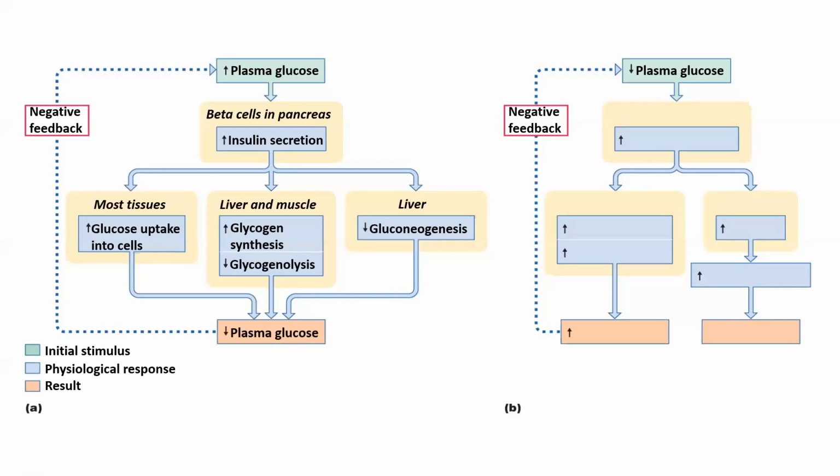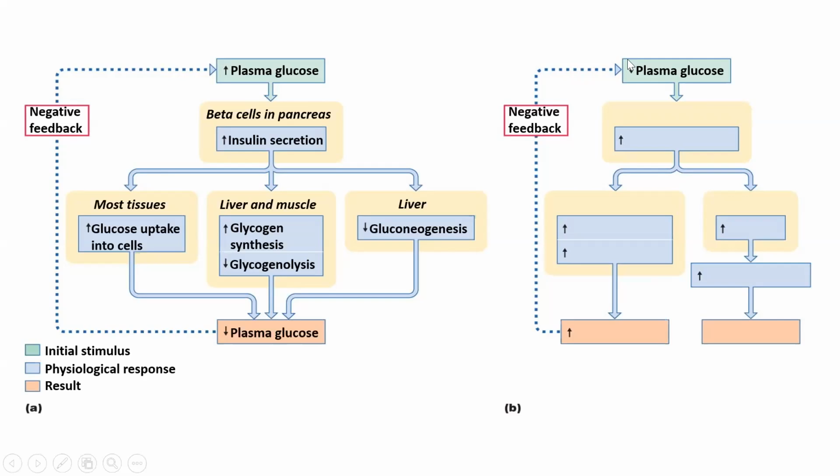And all of those things will result in a decrease in our plasma glucose. So insulin decreases plasma glucose. And when we say decrease, we mean it's going to take that glucose out of the plasma, out of the blood, and it's going to move it into the tissues, either into our cells to be used or into our liver and muscle to be stored, okay?